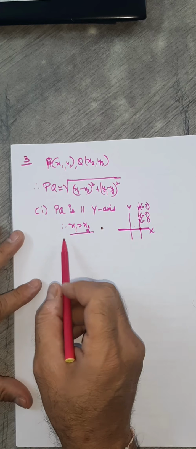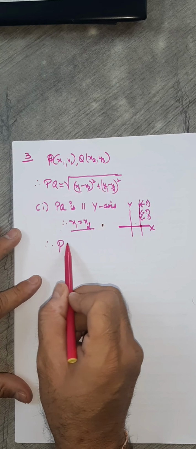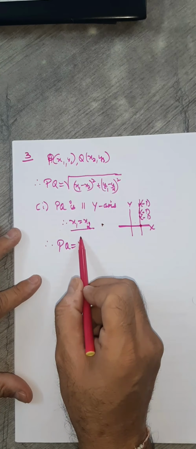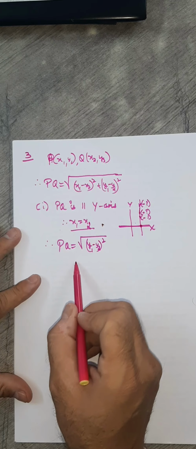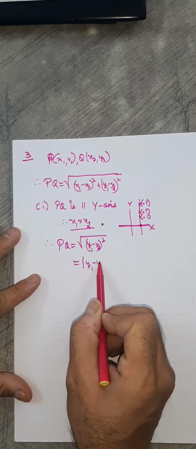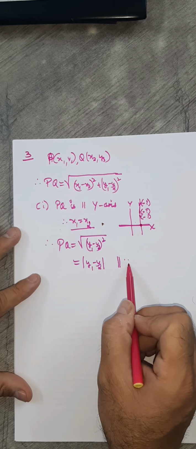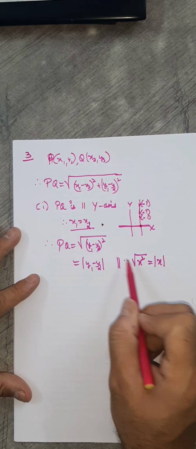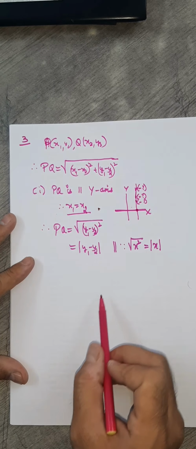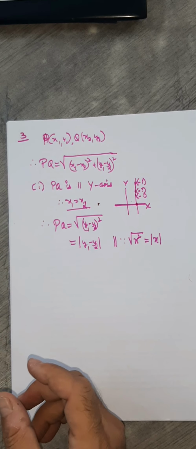So therefore x1 equals x2. Put that in. So PQ equals, this will be 0, so root of y1 minus y2 the whole square. So this is modulus y1 minus y2. When you take the square root of a square of a number, then it's always the modulus. This might be negative also. That's why we put the modulus.